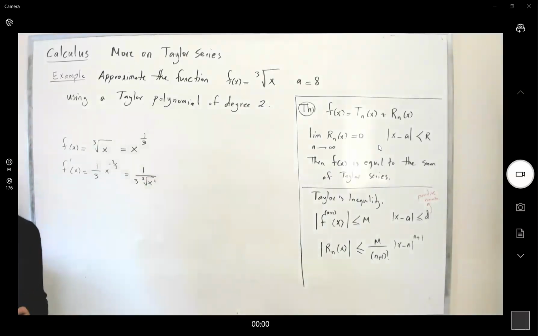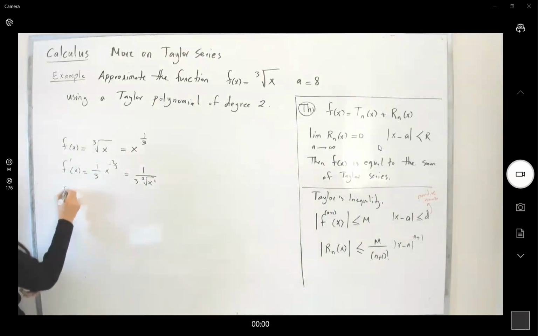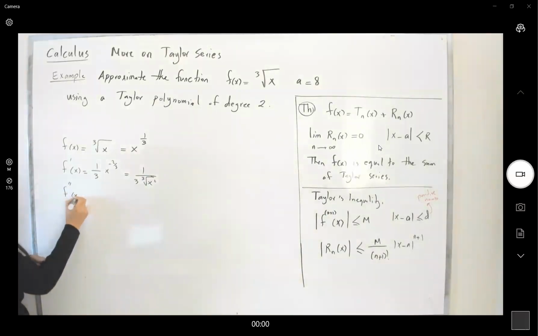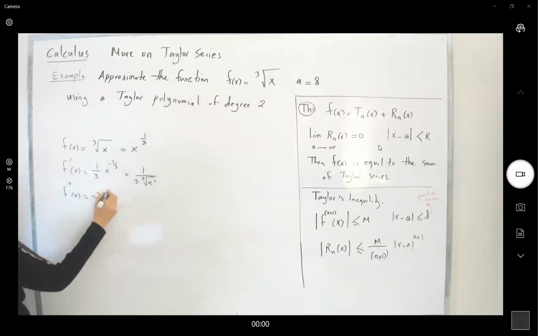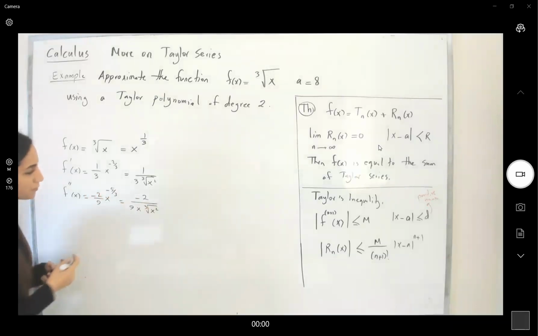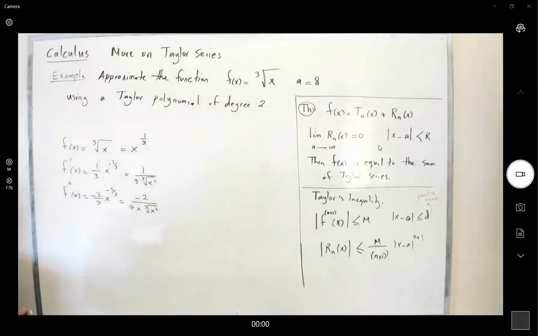Then you can take the second derivative, the third, the fourth, and continue finding the upper bound by analyzing this function. You get negative 2/9, x to negative 5/3, or negative 2/9 times x times the third root of x squared. Okay, perfect. And you can continue this process.